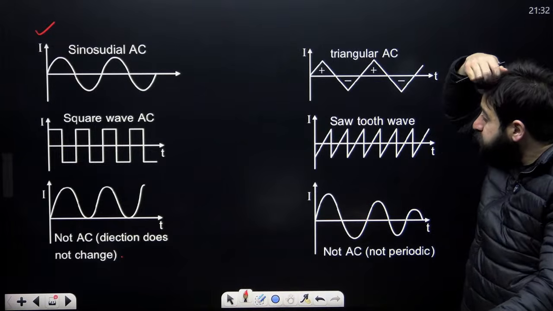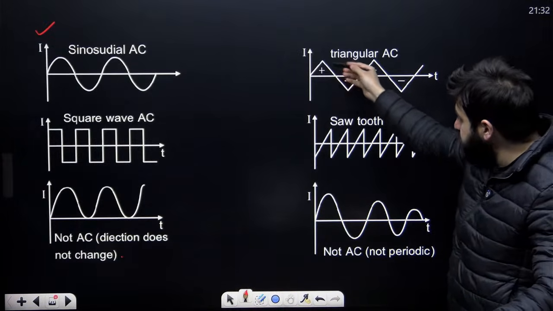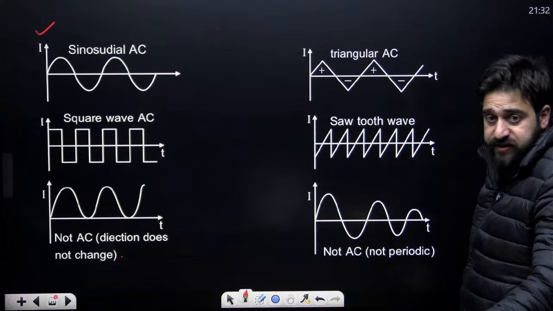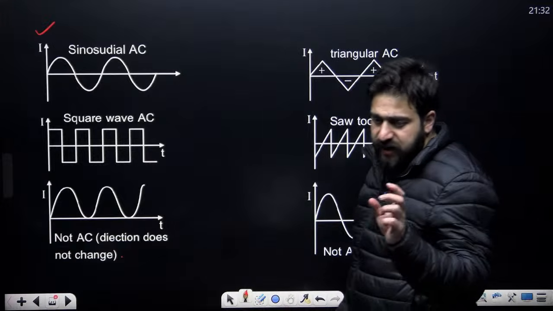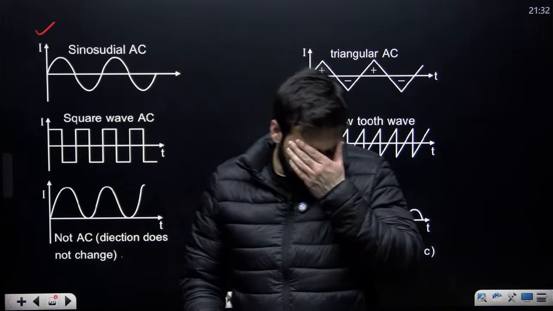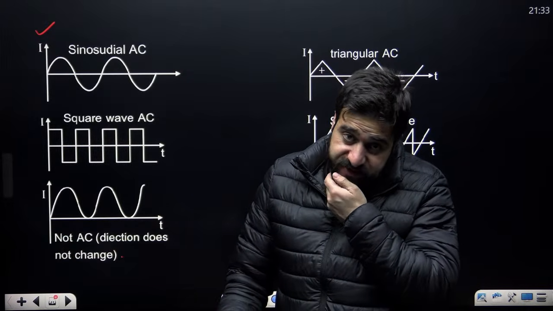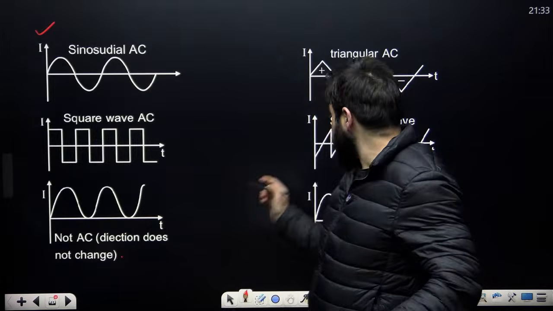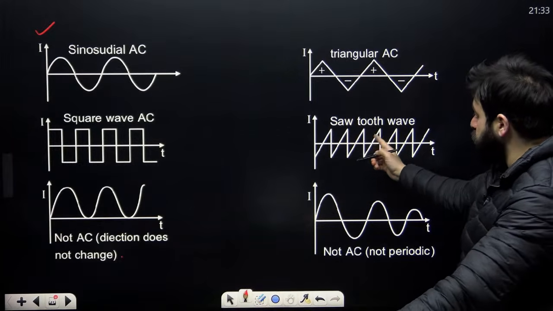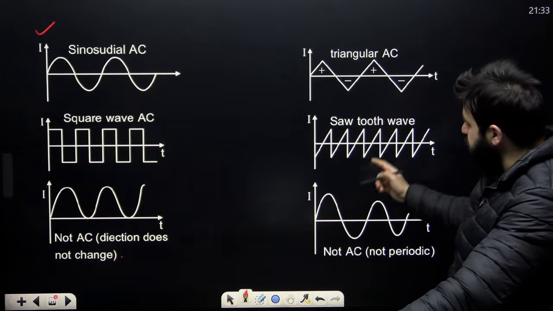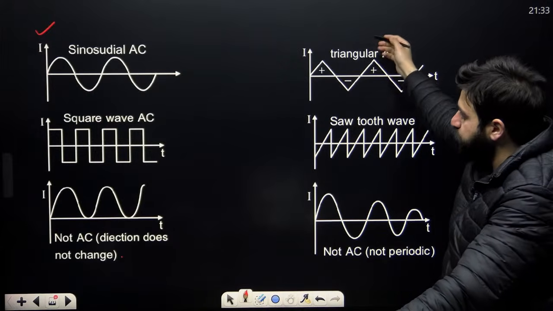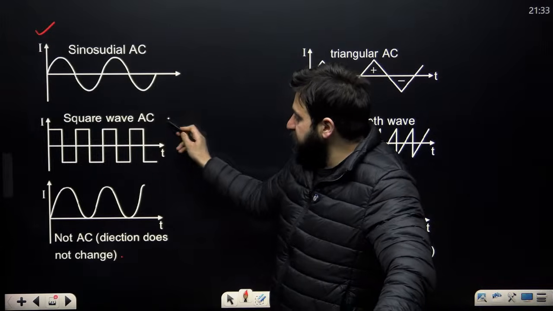This is called triangular AC. And this is the sawtooth AC. You have seen that chainsaw which is used to cut the trees. That chainsaw looks like this. That's why we call it sawtooth AC. Current is positive as well as negative. Triangular AC, positive as well as negative. This is square wave AC.